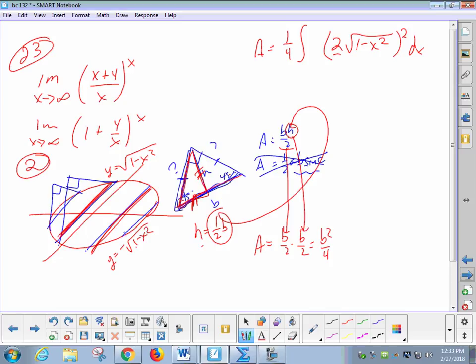Unless I made a mistake. Okay. I feel confident. So the x region is from -1 to 1. Okay. Let me know if you have questions.